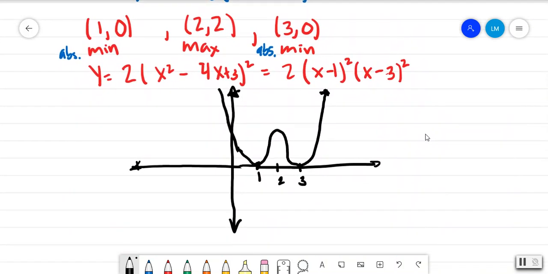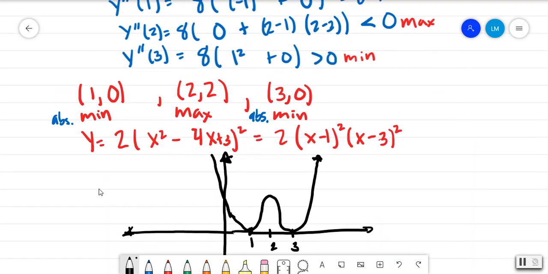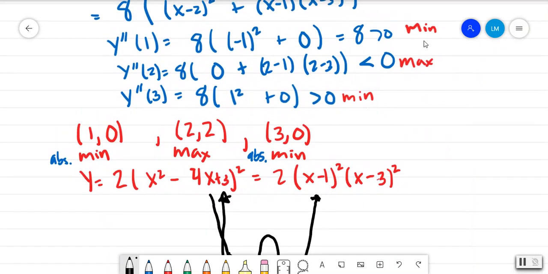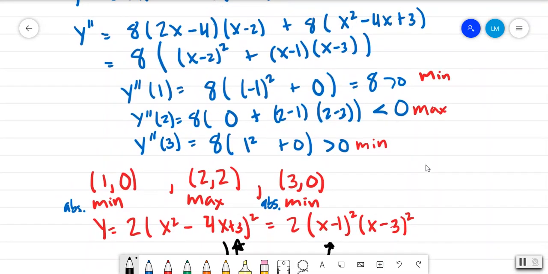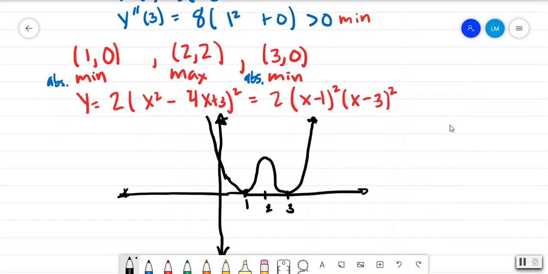Okay, so just be sure that you go through the first derivative test and second derivative test, and then from there you'll be able to find the sketches of the graph. Now, just one last thing. If you already know, for instance, the concavity, then you would know what the function does.